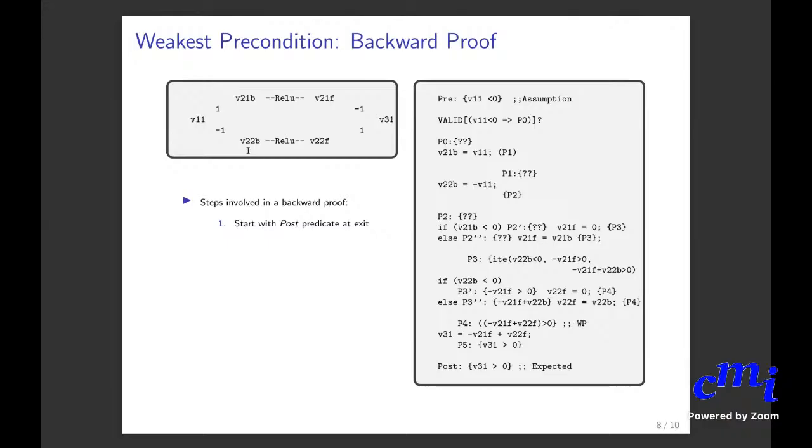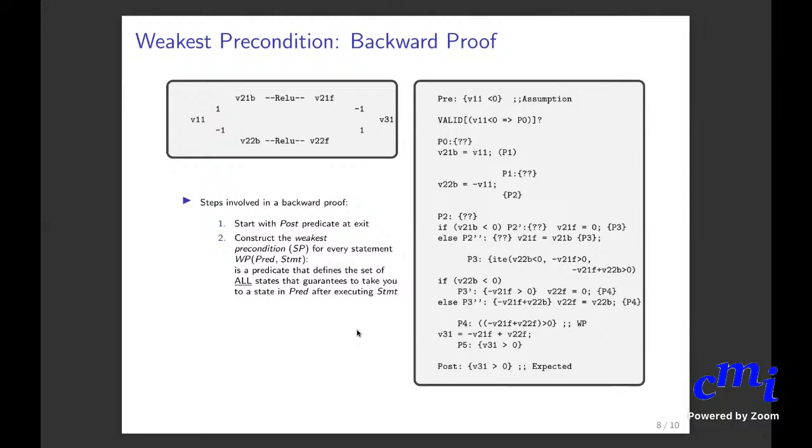You can also do it using the concept of weakest precondition, okay? Instead of starting with the assumption and then computing the strongest postcondition for each assignment or conditional assignment statement, you can do it backwards.